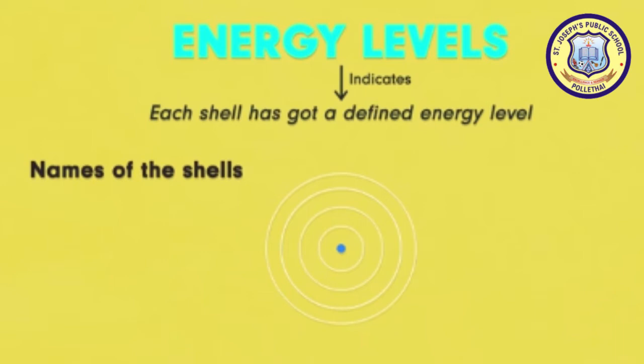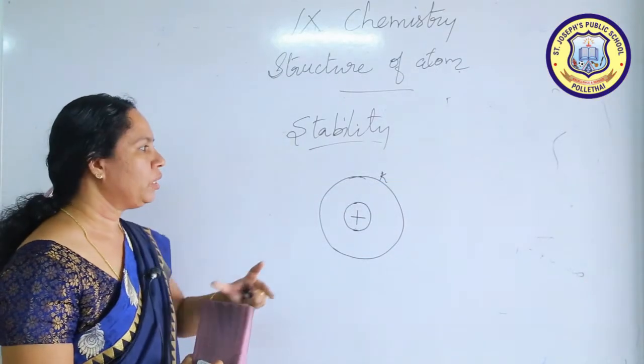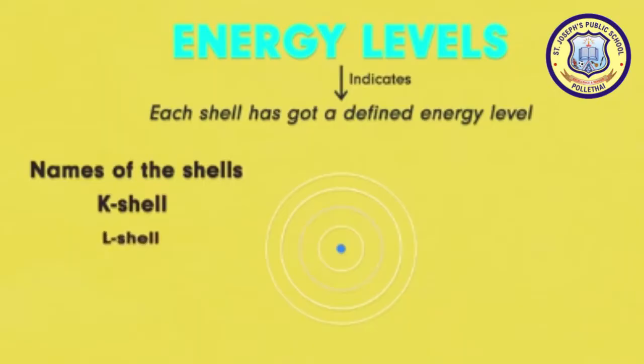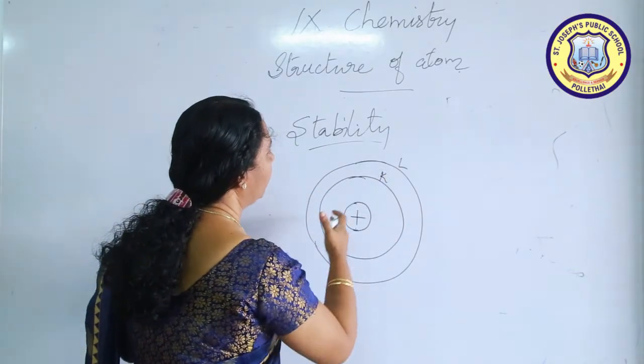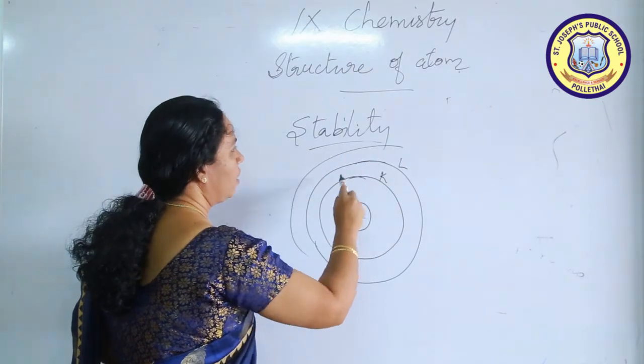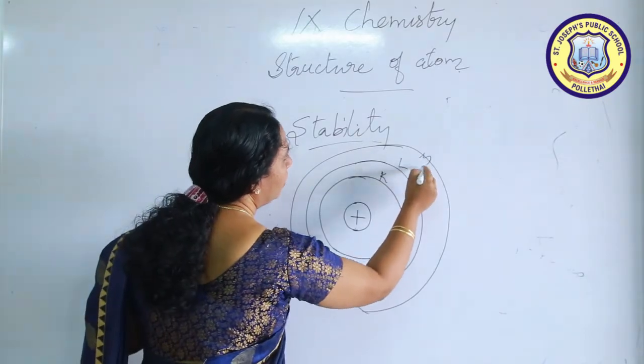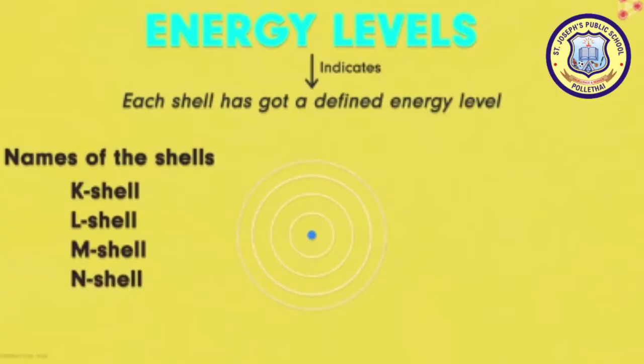The first shell, which is nearer to the nucleus, is given the capital letter K. The next one, nearer to the K shell, is the L shell. The next one is the M shell and N shell and so on. So the names of the shells are K, L, M, N, etc.